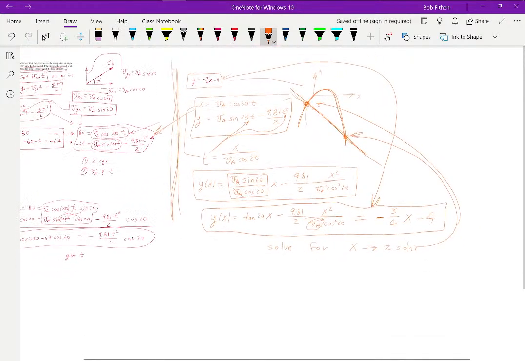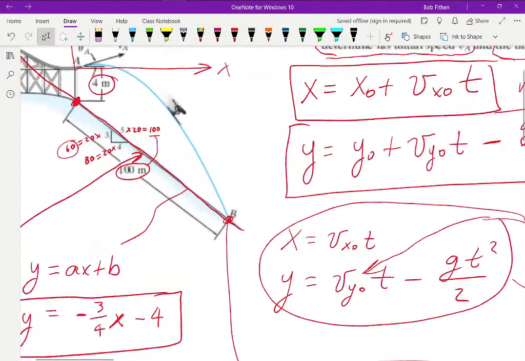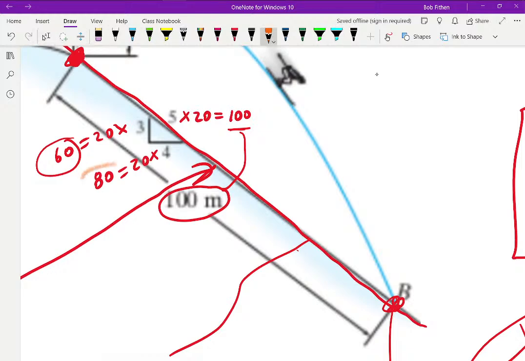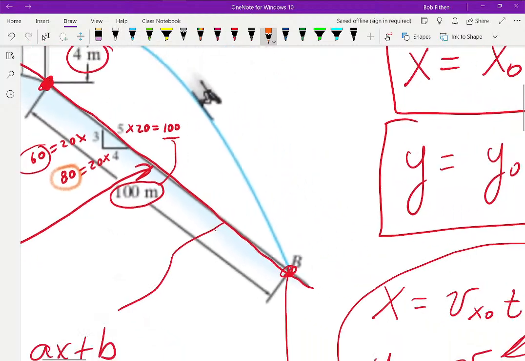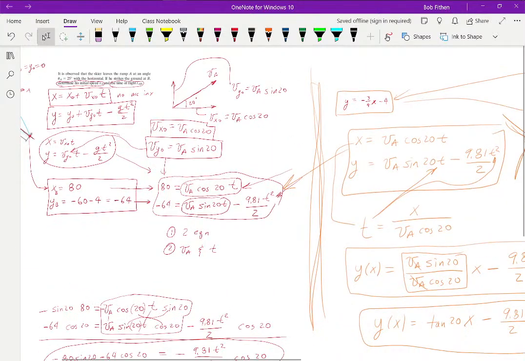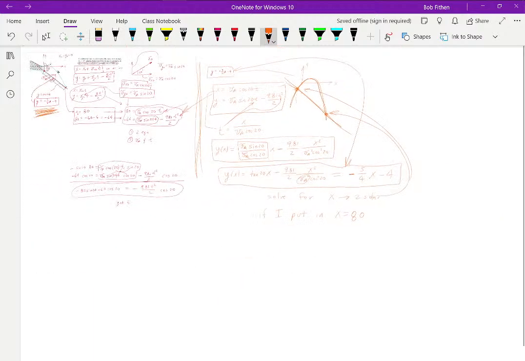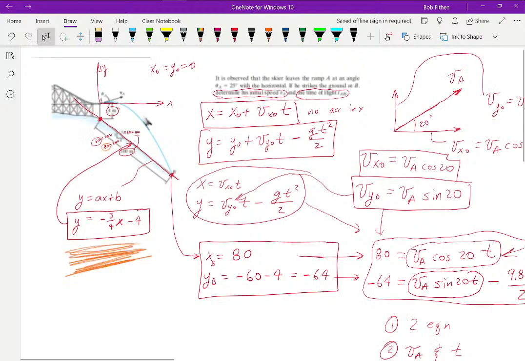but the other thing about this is that we already know that when it hits down there, it's 80. So it sounds bizarre, but I can put in one of the roots, meaning if I put in x is equal to, was it 80? Let me go back and check.